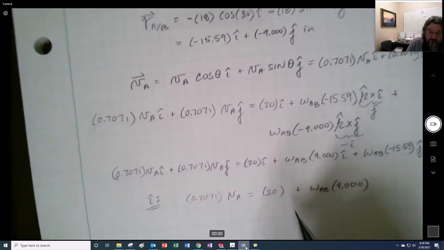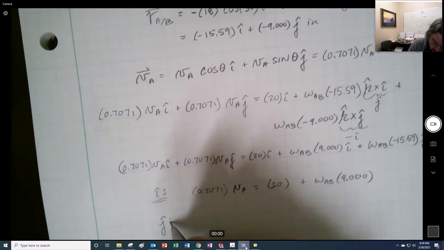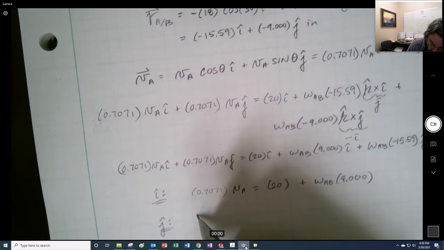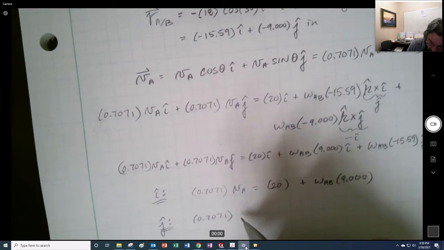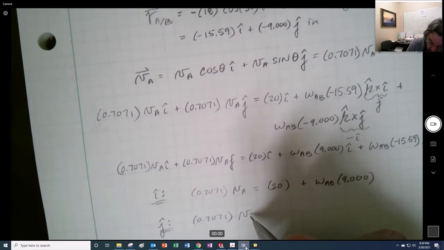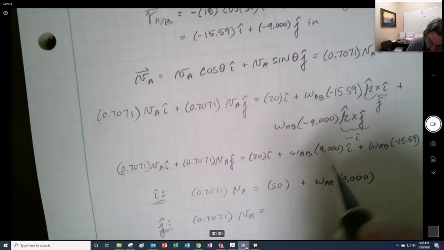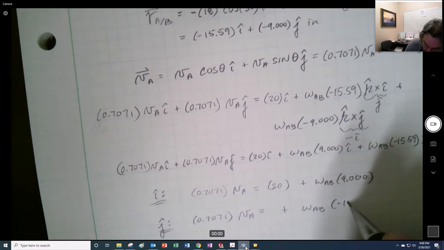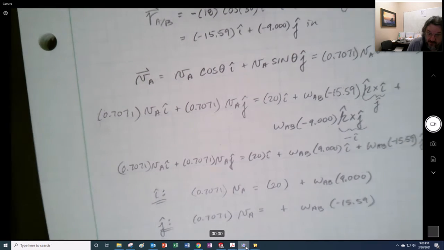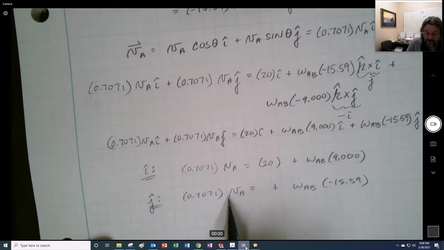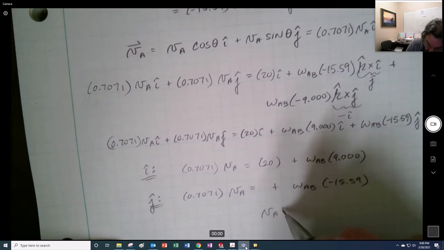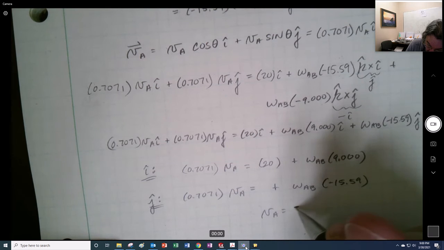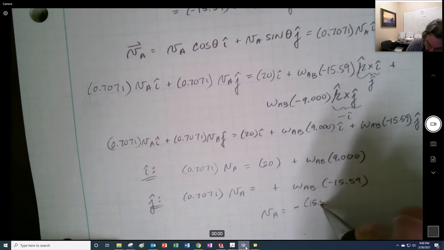Okay, so we have two unknowns, but we can go to j and say 0.7071 VA is equal to 0 plus, and I guess I'll keep it in this order, 15.59, right? So we can stick in, and we could solve VA is equal to negative 15.59.